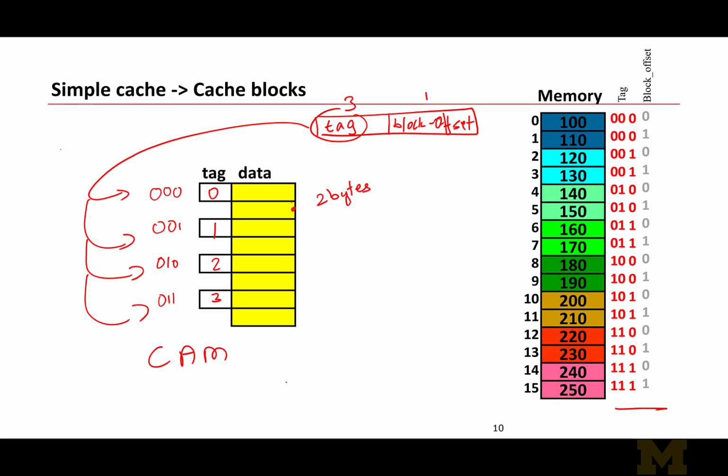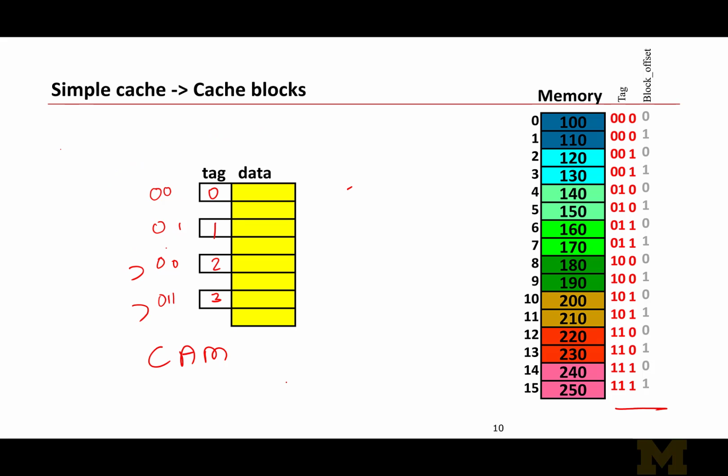So the main idea, and this sort of takes us to the idea of a direct mapped cache, is we are going to try and restrict the number of cache lines that a given cache block can be stored in. So if you think about our basic baseline design, a given cache block, let's say the first one we have with the tag 0, it can pretty much go into anywhere in these cache lines, right?